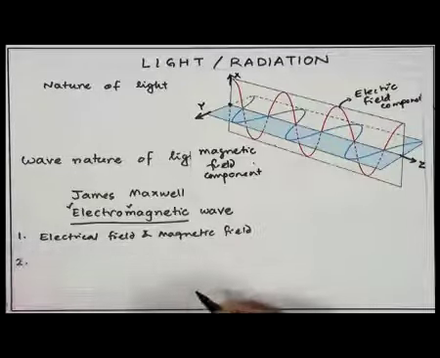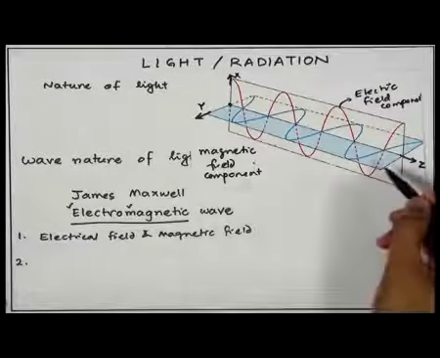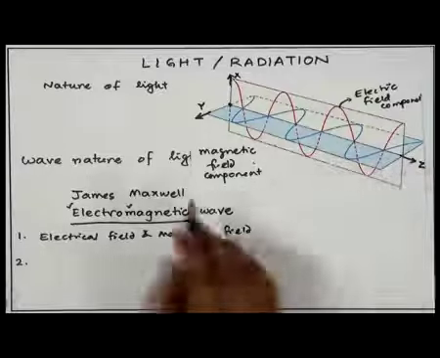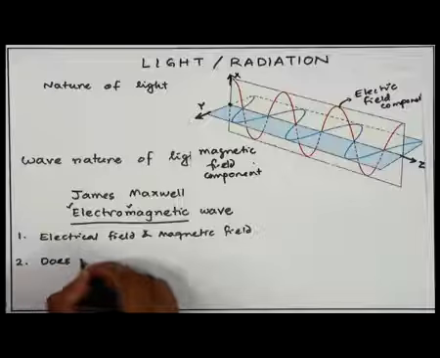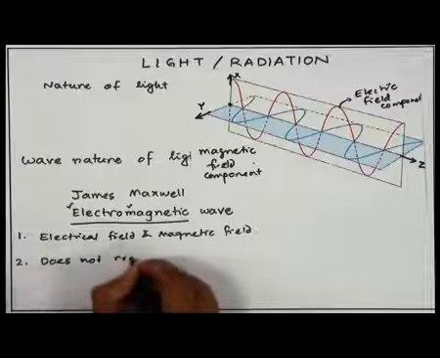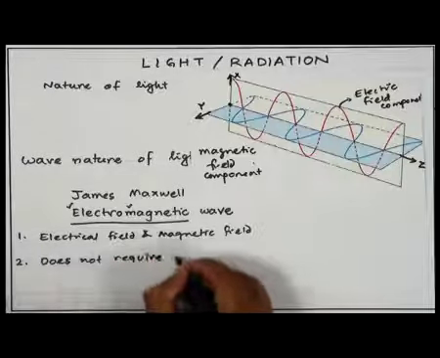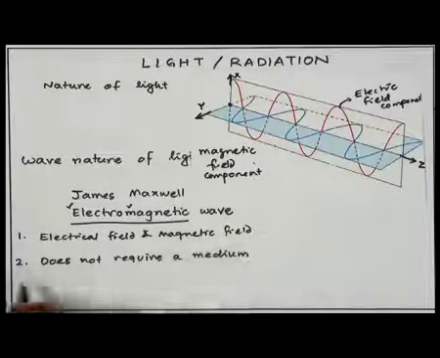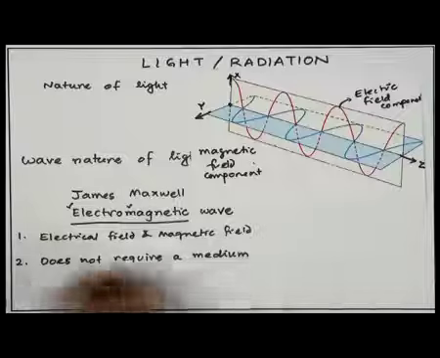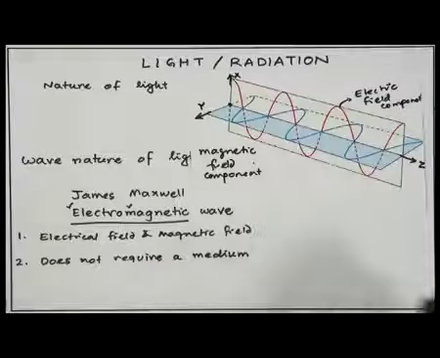The other electromagnetic property that we would appreciate is that an electromagnetic wave, to be propagated, does not require a medium. What does that mean? It does not require a medium. That means it can be propagated, it can move in vacuum. This is unlike any other wave.